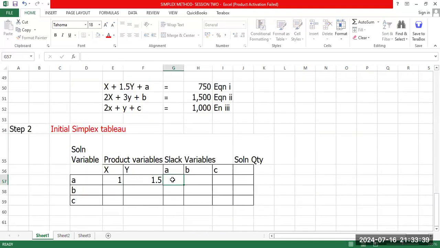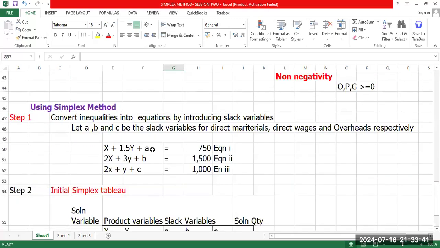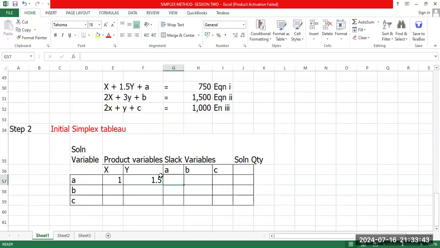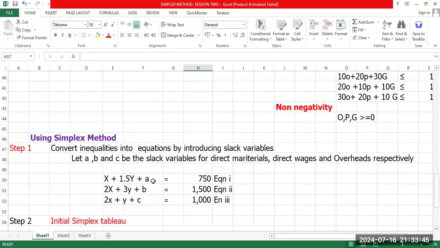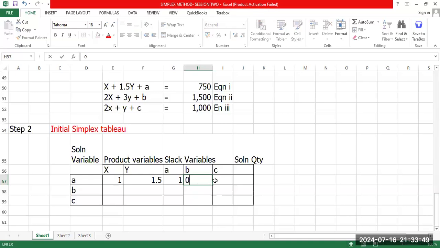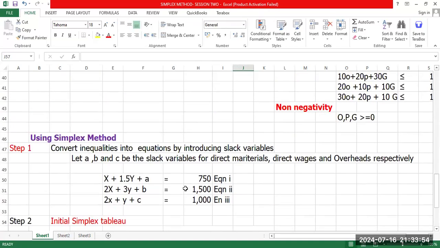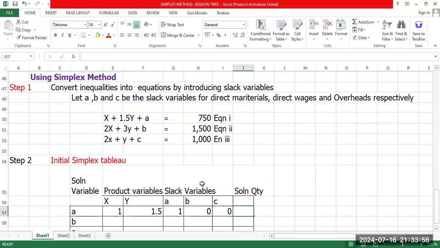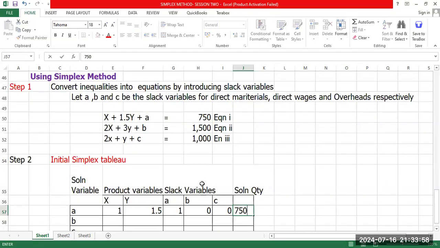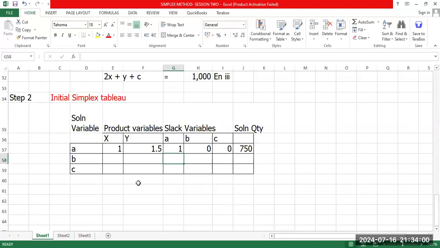Then what is the value of A? 1. On equation 1, do you have B? No. So we put here 0. Do we have C? No. Do we have a figure after equal sign? 750. That's how you are going to do.